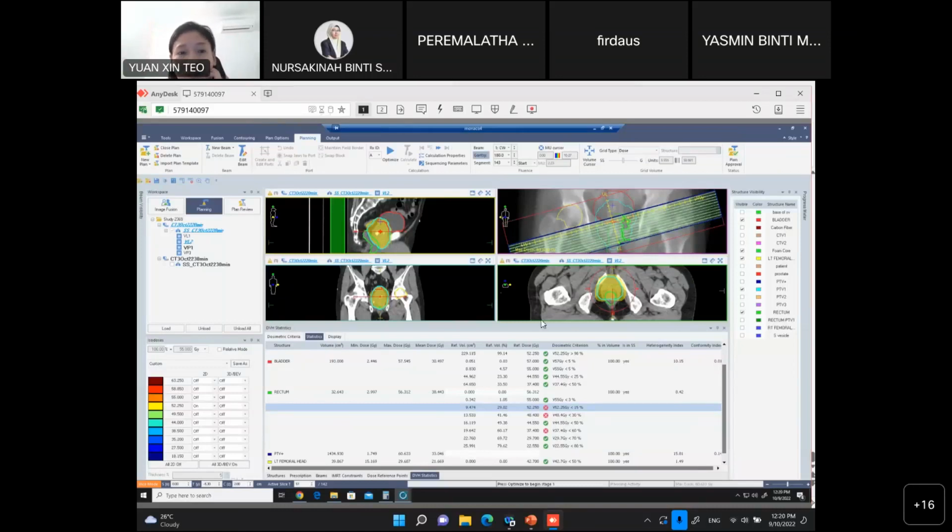For example, I have another patient, a very old uncle with CA prostate. This old uncle's bladder volume after he drinks 4 cups of water is the same as for these patients, but after 55 minutes the bladder volume is still very small.